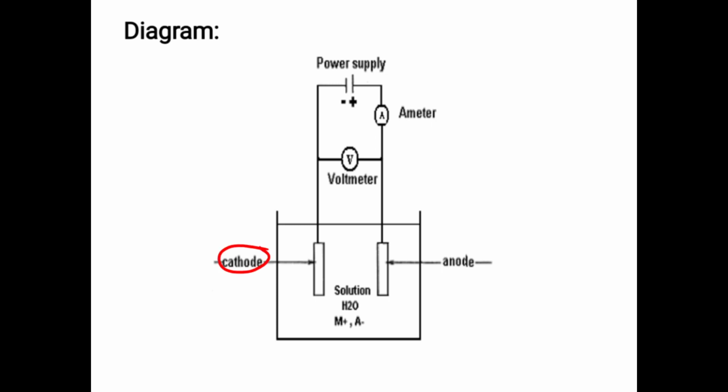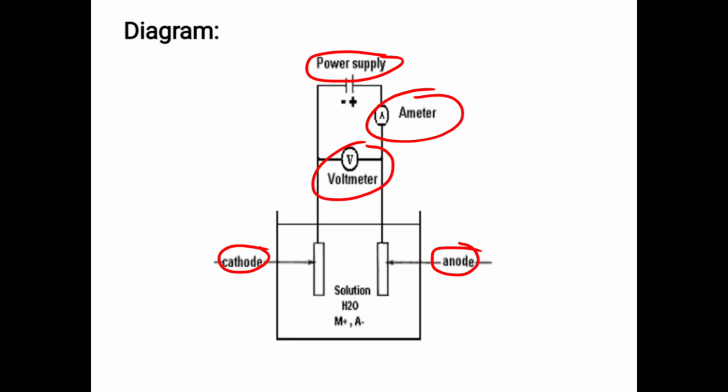We have two electrodes here, cathode and anode, that are connected with the help of a power supply. Potential difference and current can also be varied here, so we can measure potential difference with a voltmeter and current with an ammeter. Both electrodes are at opposite potential: the cathode is at negative potential and the anode is at positive potential, we know it.